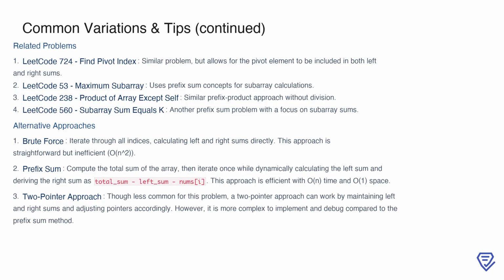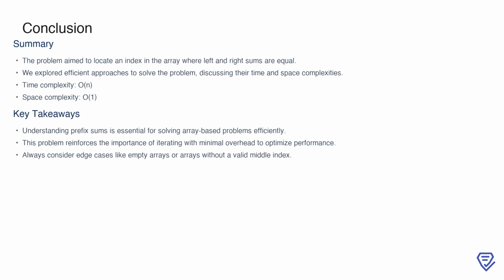This method is efficient, with O(n) time complexity and O(1) space. Another option is the two-pointer approach, which maintains left and right sums while adjusting pointers. While it's less common for this specific problem and more complex to implement, it can still be a viable alternative in some scenarios.